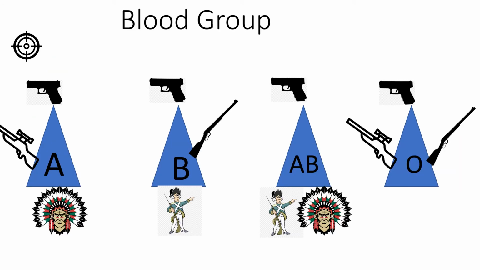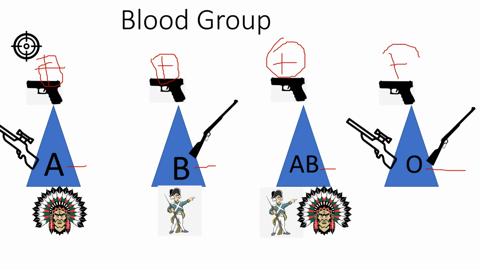Now here I tried to explain what actually happens in negative blood groups. Here you can see there is this pistol which recognizes the positive blood groups. So they are able to recognize positive blood groups.